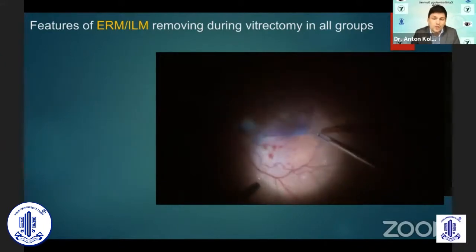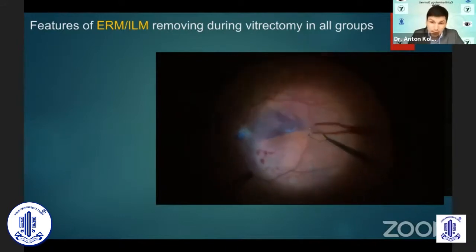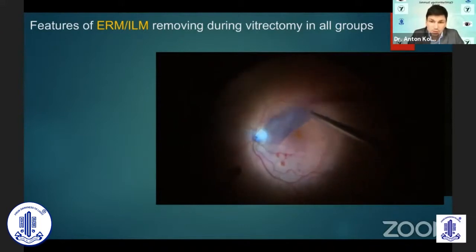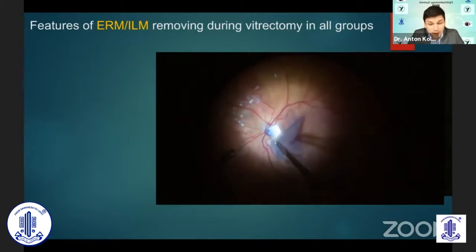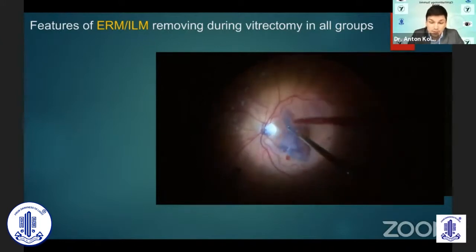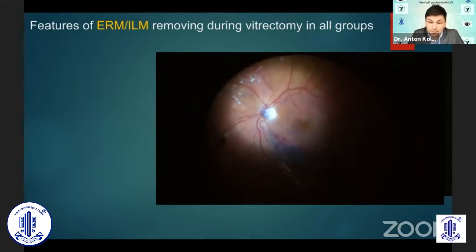In the second group, all membranes were removed in a single block with ILM, and you can see it clearly because of quite strong adhesion to the retina and some diapedesis on the retinal surface.